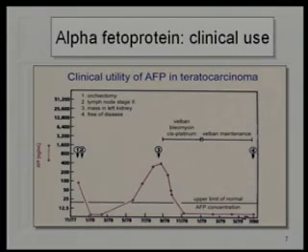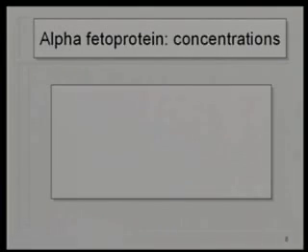So the take-home lesson is, one can use the blood serum concentration of alpha-fetoprotein to monitor a patient. And if it starts going up, one has to get concerned and investigate for recurrence of tumor and apply treatment. Okay?